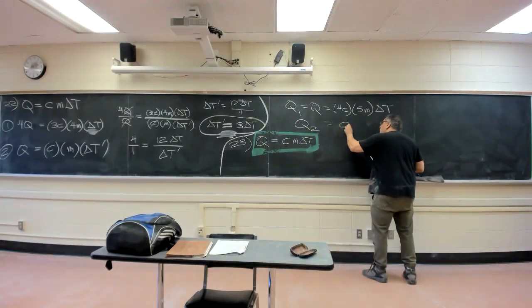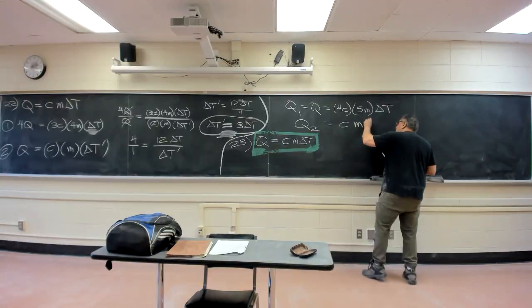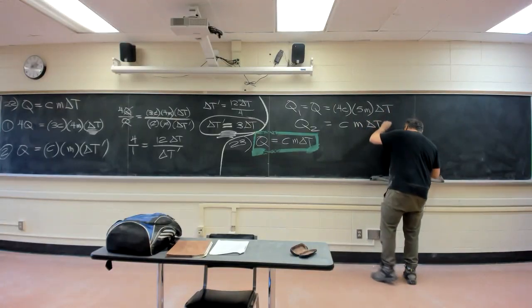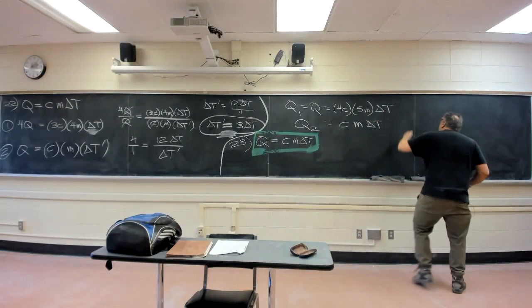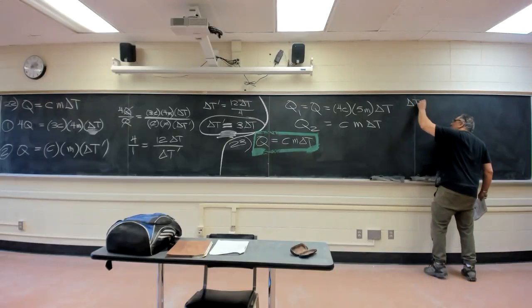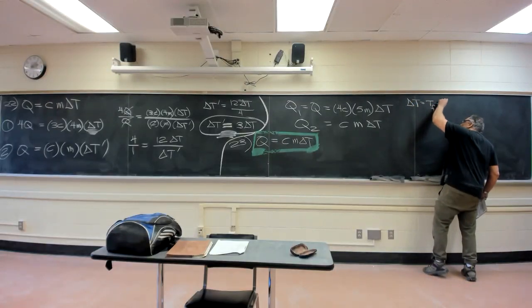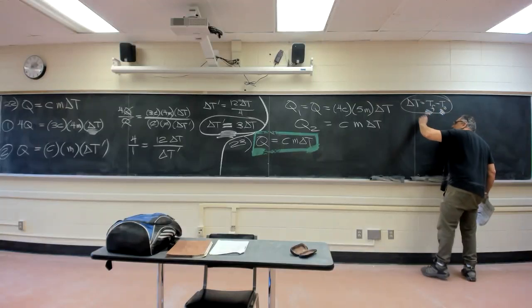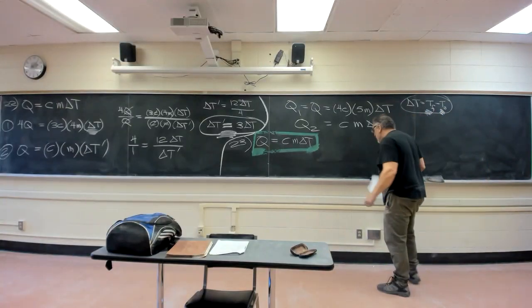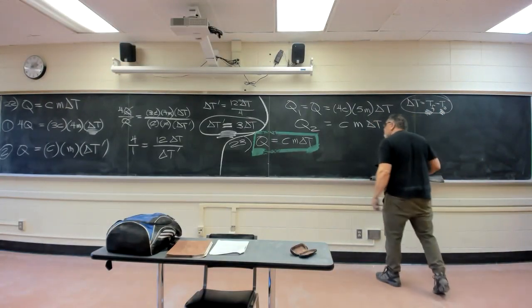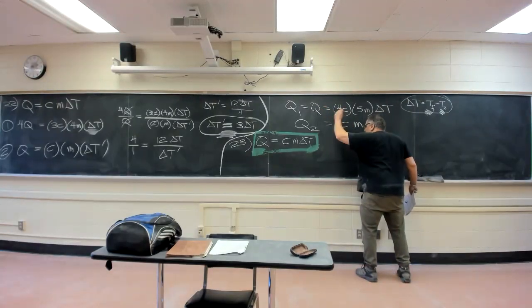Q2 is going to be, initially there ain't much going on. Now, the delta T is the same in both circumstances. Why is that? Well, delta T, we said, was TF minus T sub 0. They both started here, and they both ended here. The delta T is the same. Q1 is Q, whatever you want to do.